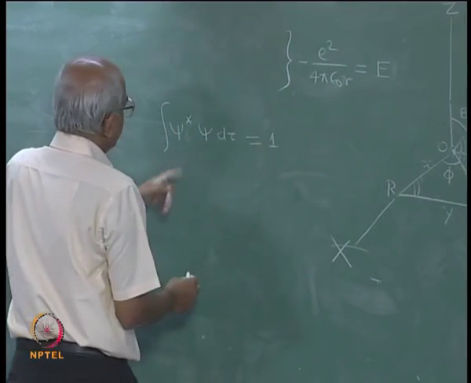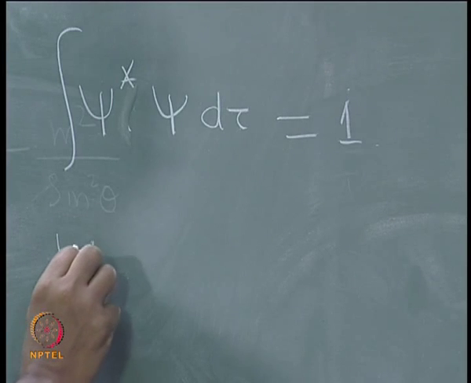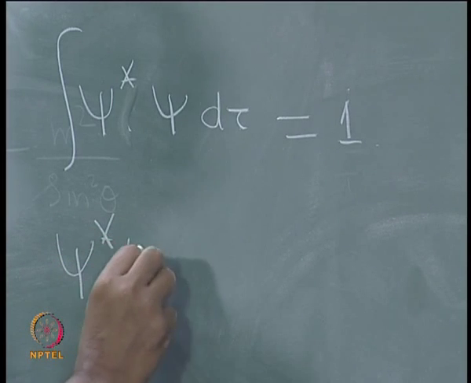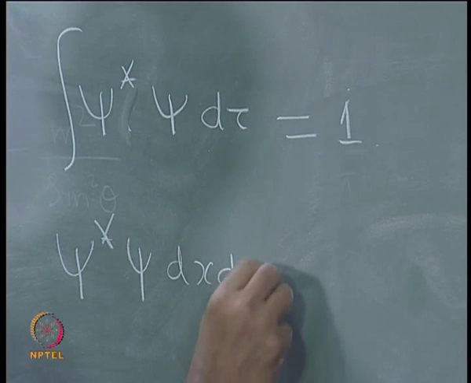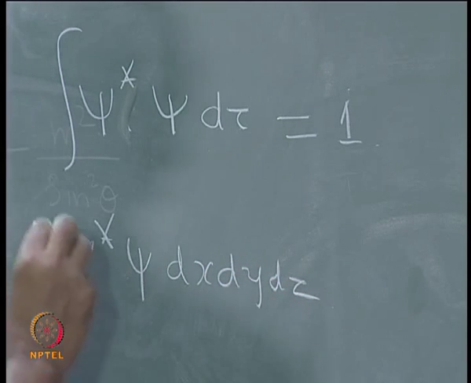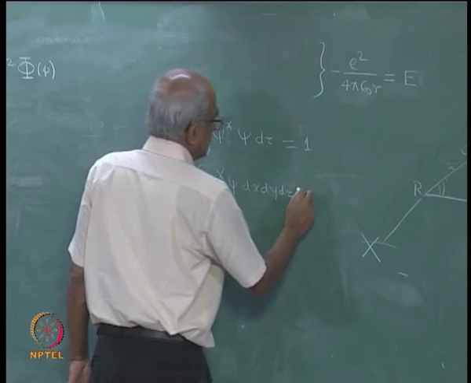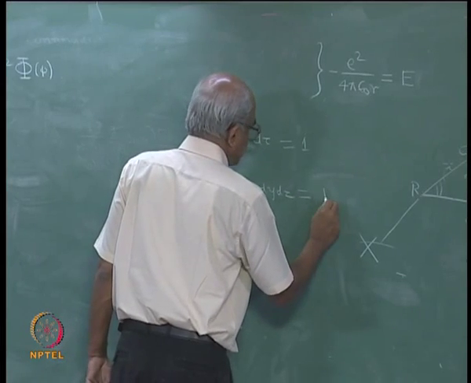And in Cartesian coordinates, actually this is a reasonably simple expression. You will have to take dx into dy into dz, and the answer has to be 1.